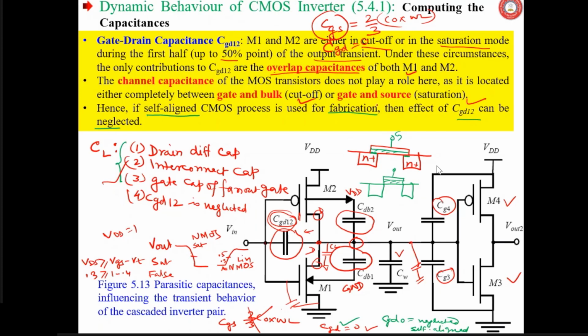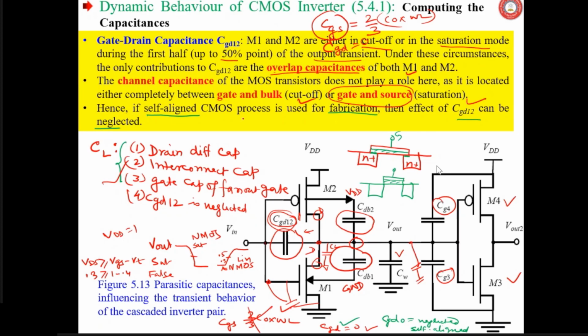This is understood or not? Gate to source capacitance is not our concern because this capacitance is not connected to the output node. We are concerned about the CL. That has to be charged and discharged. Is it understood?